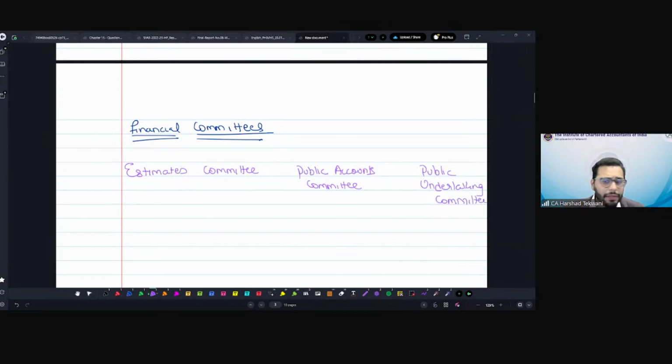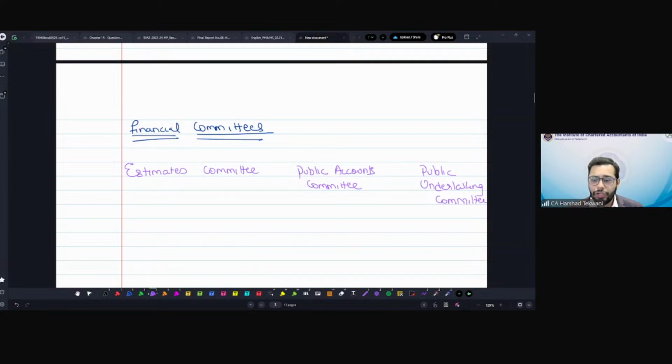Once something is laid with respect to the estimates, this committee has a role to analyze the economies, improvement in the organization, efficiency or administrative reforms, with the policies underlying the estimates.